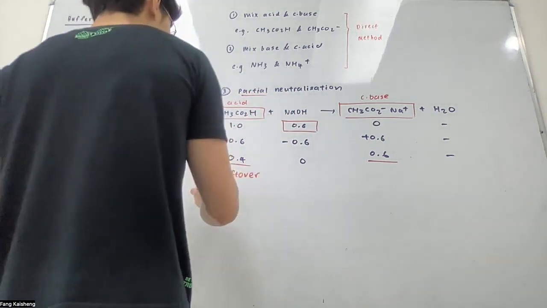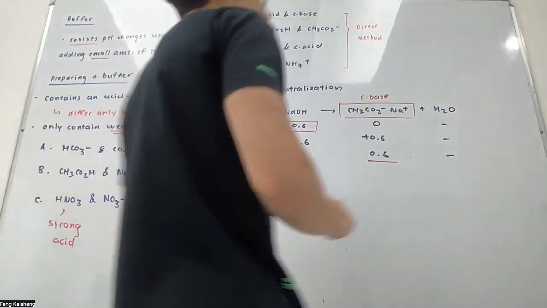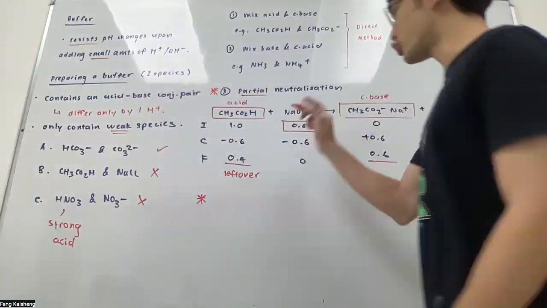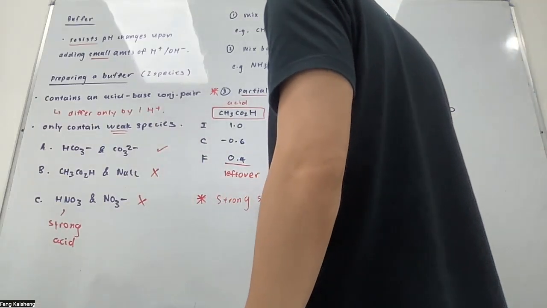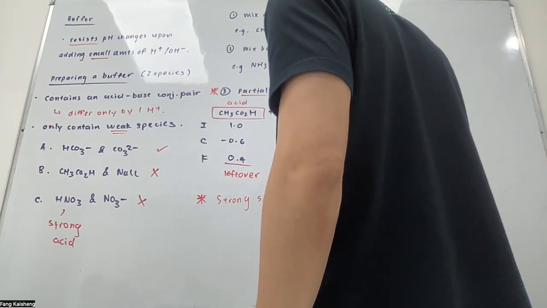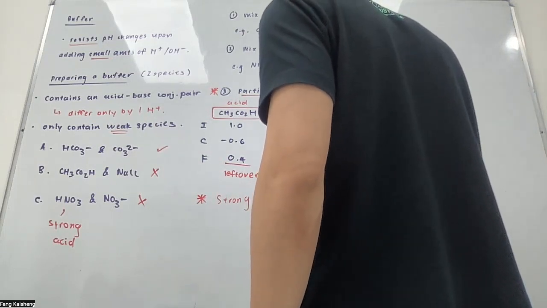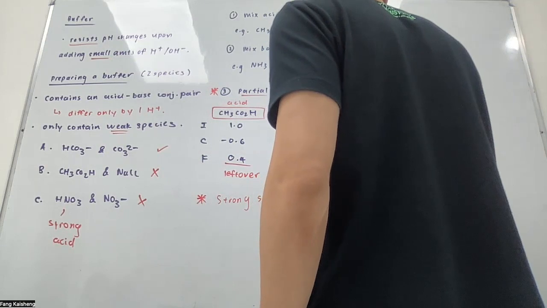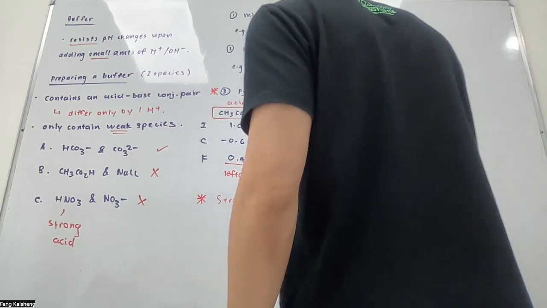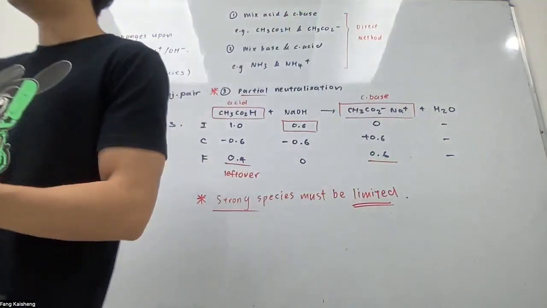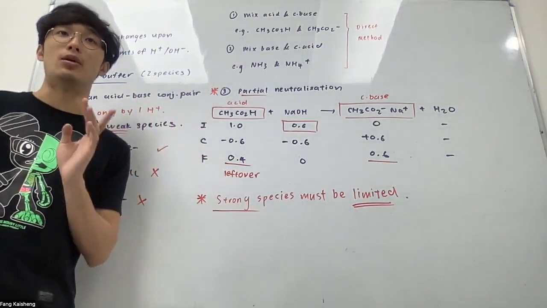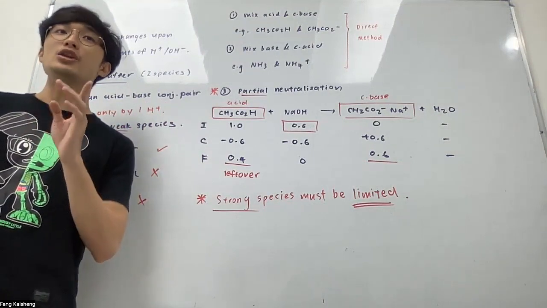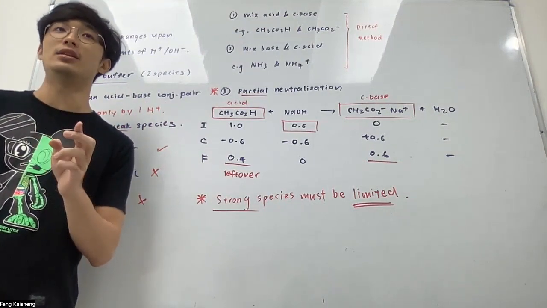In other words, to summarize, your strong species must be limited. This is the main thing to remember. If you want to add any strong items, it must be limited. Why? Can any strong items remain in the solution?